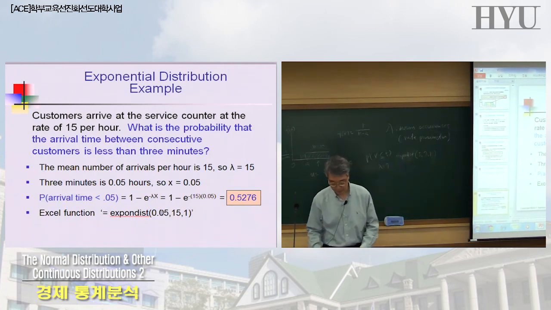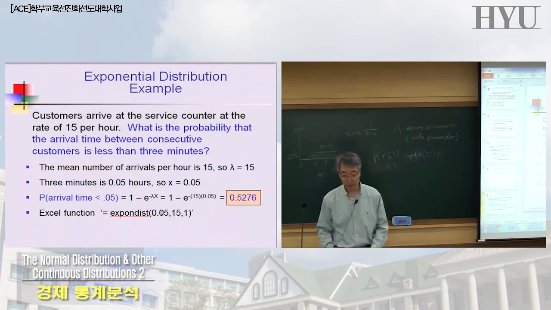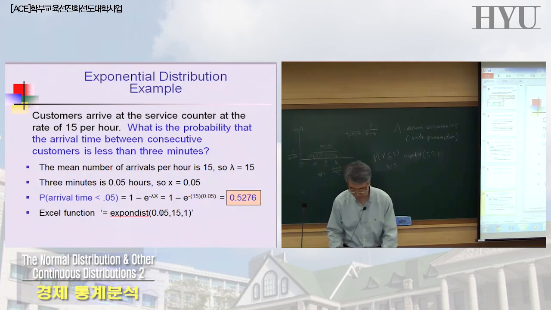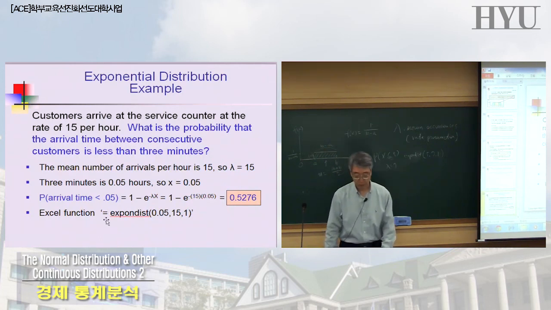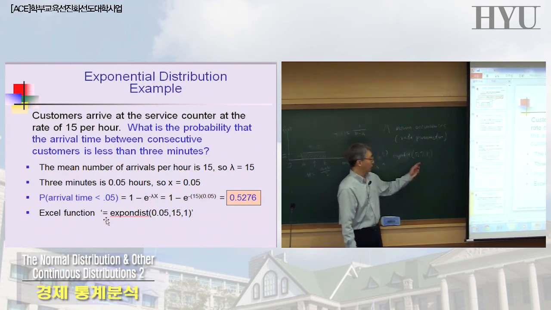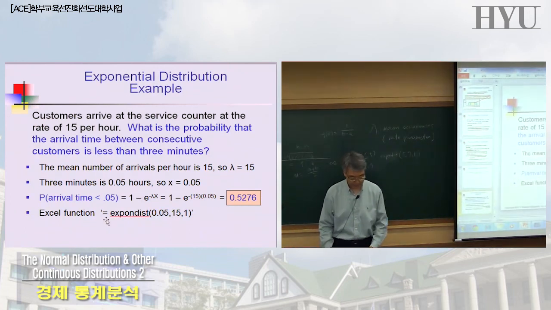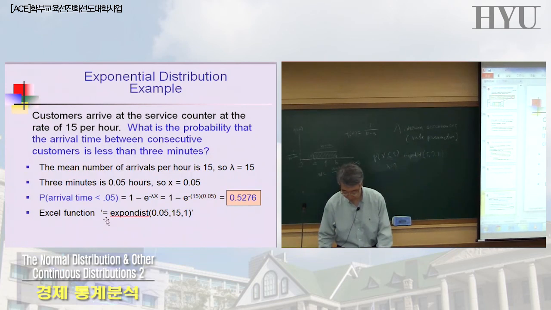To see whether Excel is doing some strange thing, whether Excel is treating the exponential distribution as a discrete random variable, discrete probability, or continuous probability. But theoretically, you should get the same number whether you specify 1 or 0. When we do the exercise, we'll try.